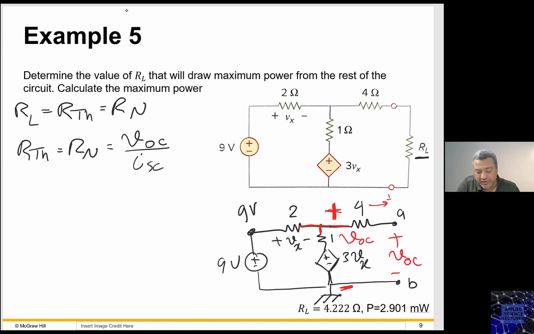The current here is zero, and the potential at A would be the same potential as at this red node. So all of this is extremely important. Pay attention, and you need to understand what a current of zero means for the potential between two nodes.